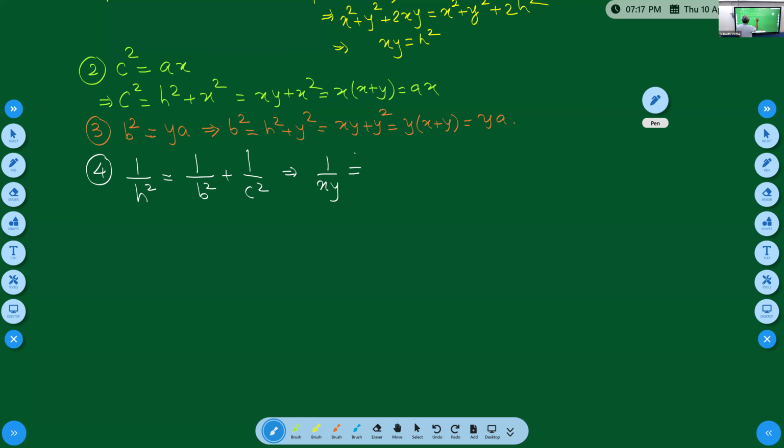We don't know whether this is equal or not. It is equal to 1 upon b square, which is ay, plus 1 upon ax. So we take LCM axy, and the numerator becomes x plus y, which is a upon axy.